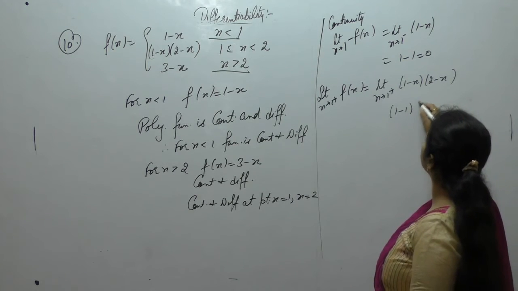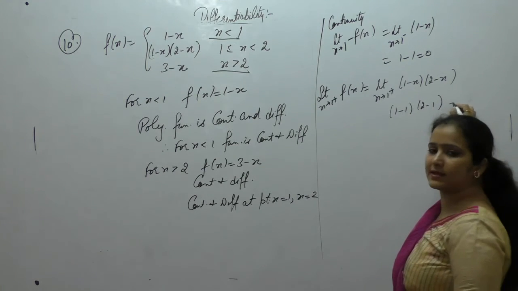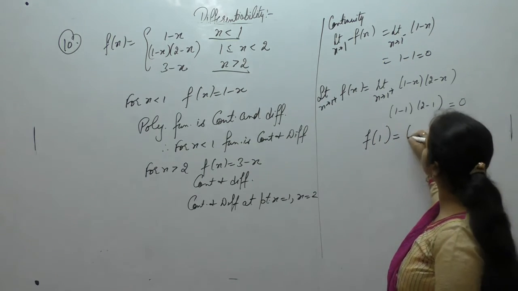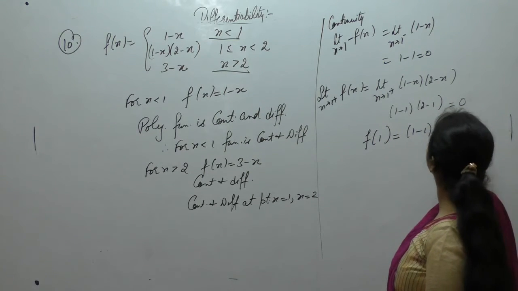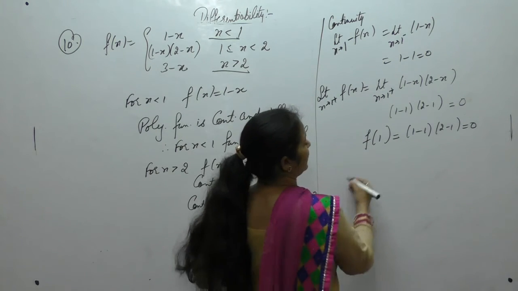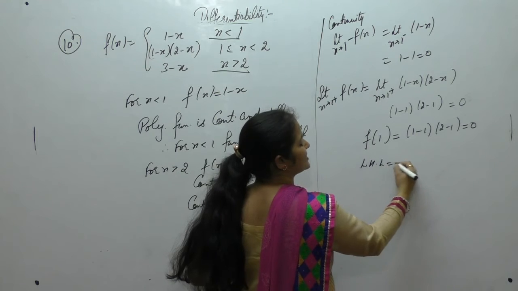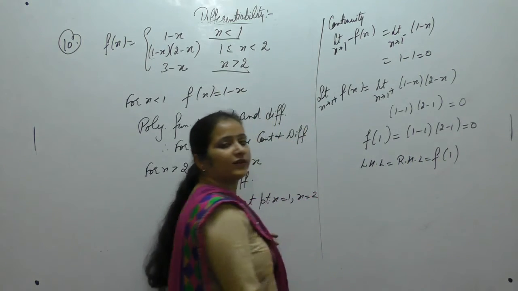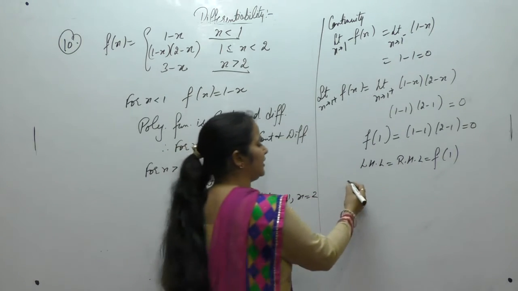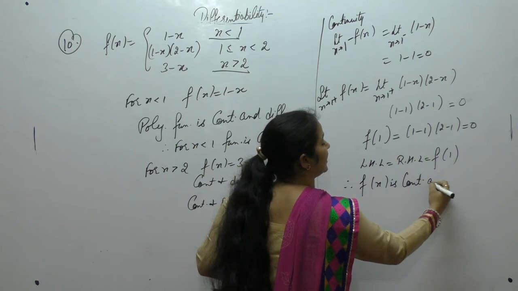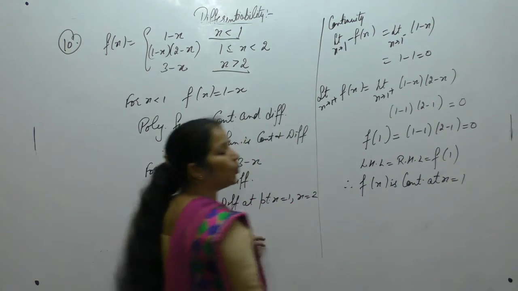Put the limits: 2 minus 1, that is 1. Value of function at point 1: 1 minus 1, 0. So left hand limit is equal to right hand limit is equal to value of function at that point. Therefore, f of x is continuous at x equals 1.